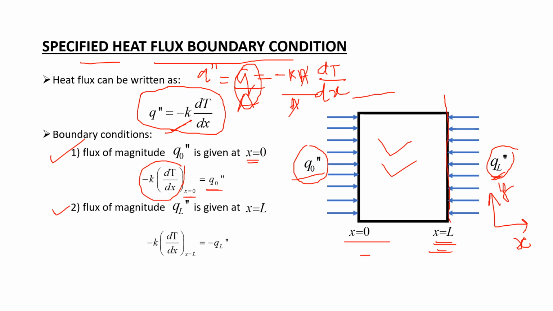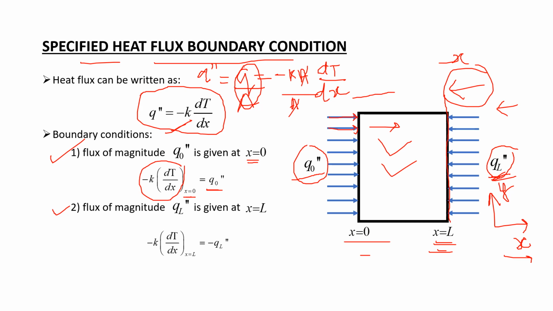In the first case, the surface at x equal to 0 has a flux in the positive x direction only. But at x equal to L, the flux is in the negative x direction, and it has the magnitude of qL.